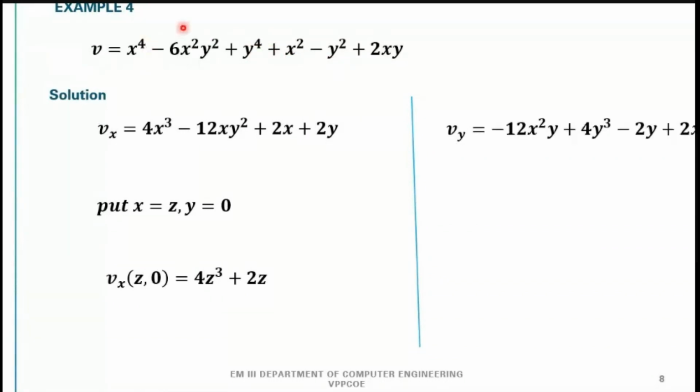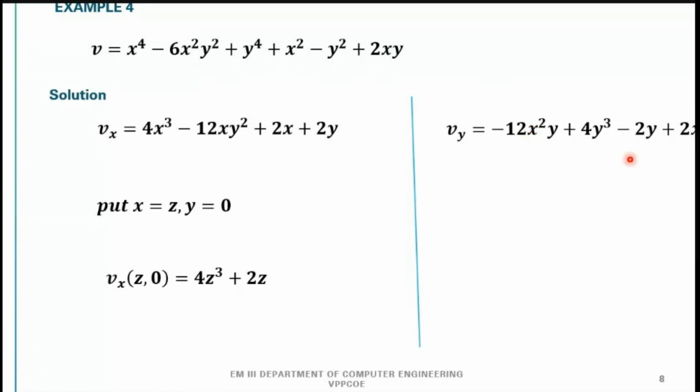So I will get this term 0. 6x square is the constant. Derivative of y square will become 2y. तो यहाँ पे हो जाएगा minus 12x square y. इसका 4y cube. x square का 0, minus 2y and derivative of 2xy with respect to y will be 2x.